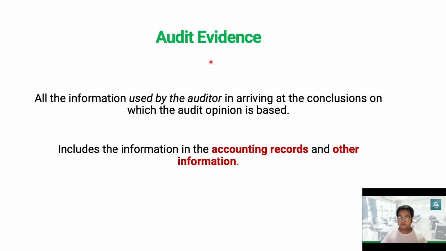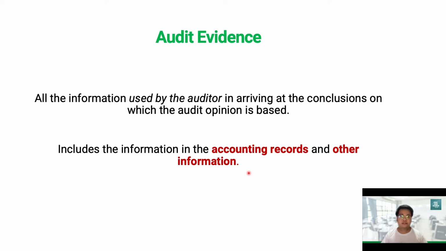And take note also, our audit evidence is not limited to the accounting records or documents of our clients. Audit evidence includes information from the accounting records of our client as well as other information. Other information is formally known as corroborative information. Meaning information like our own observation, our inquiry, and responses to the auditor's inquiries.